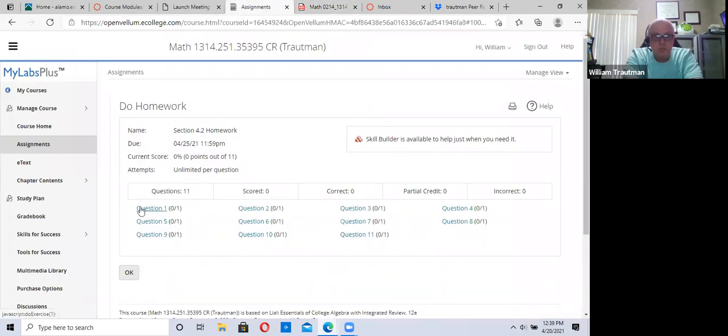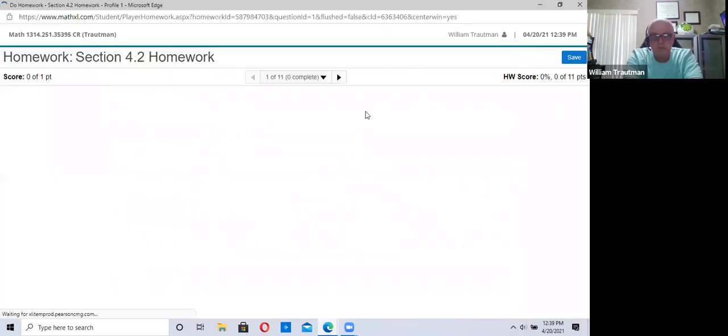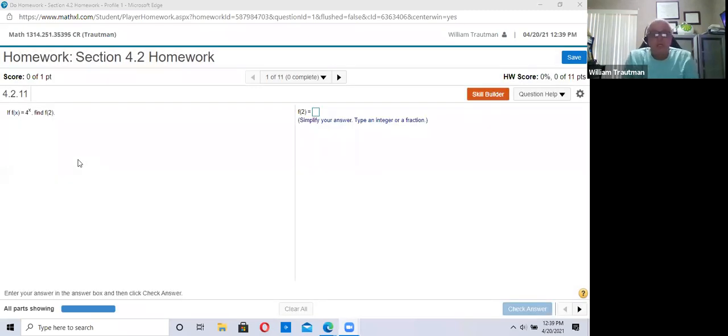So 4.2 homework. Here we have a function. I hope you can see it. It's kind of small.